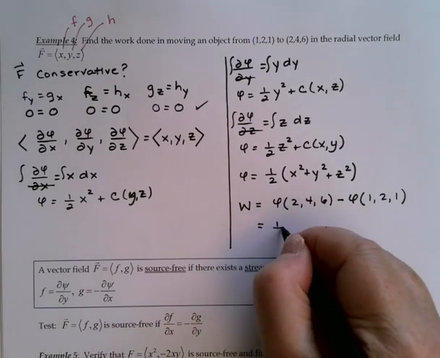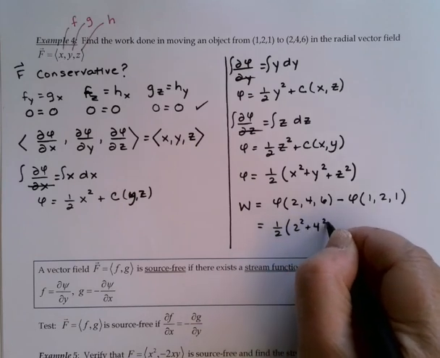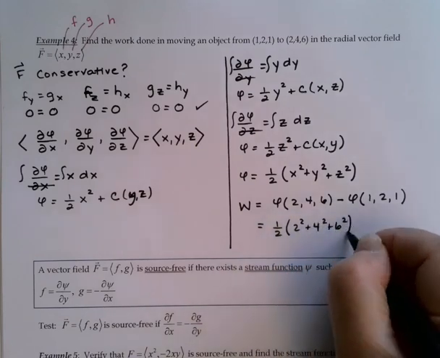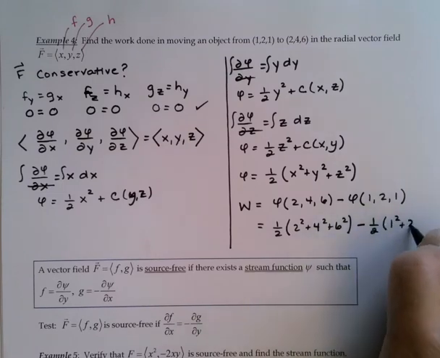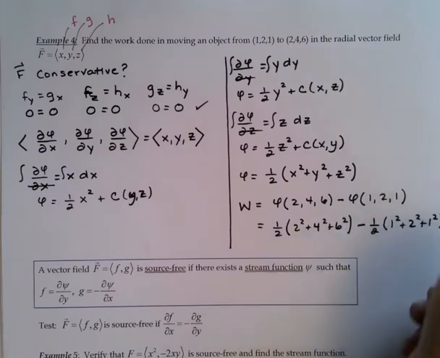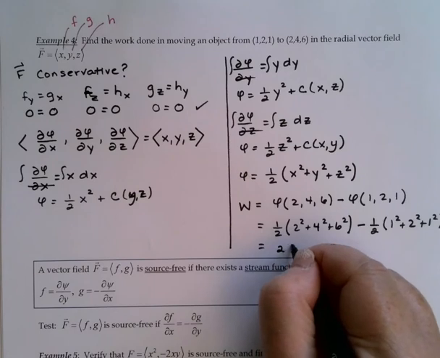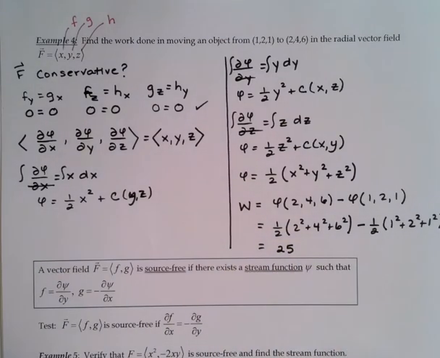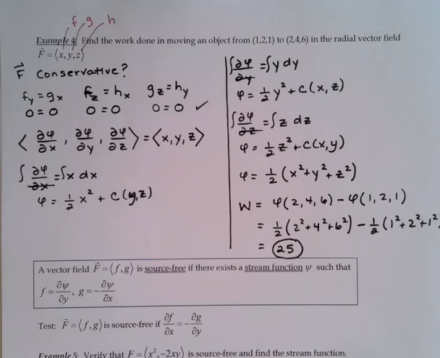And that's going to be 1/2 of (2 squared plus 4 squared plus 6 squared) minus 1/2 of (1 squared plus 2 squared plus 1 squared). And doing a little bit of arithmetic there, that came out to 25. So newton meters, foot pounds, whatever the units happen to be for your work.